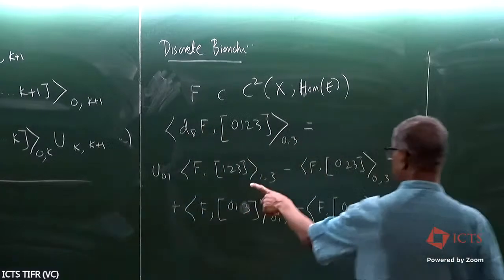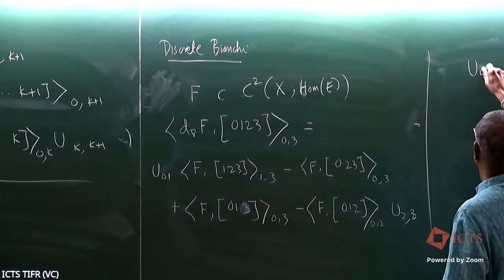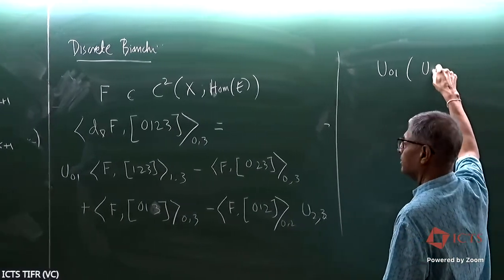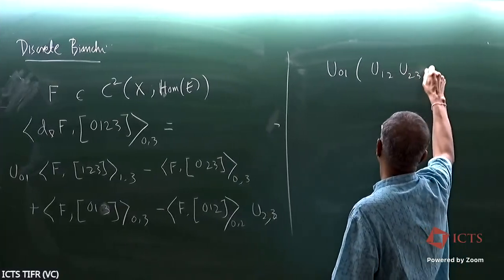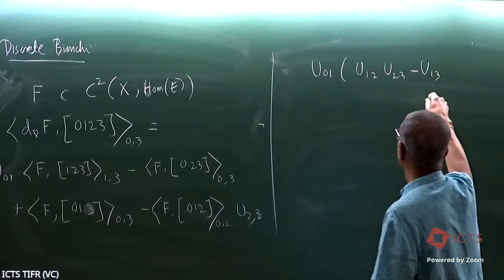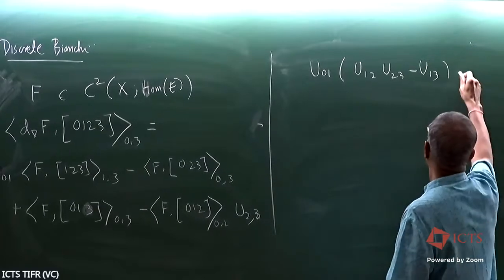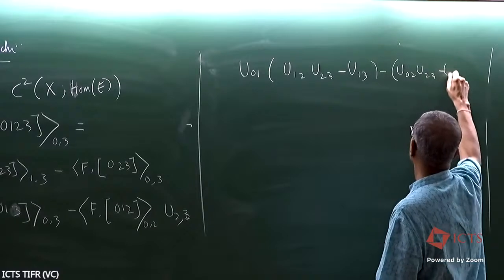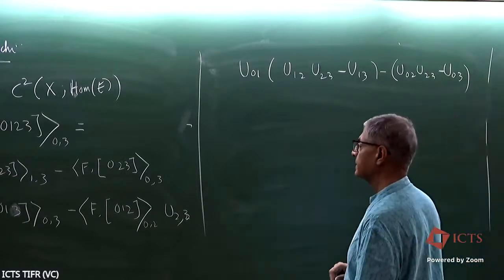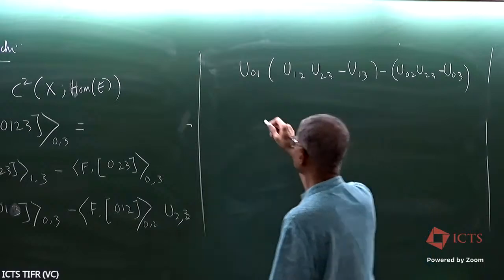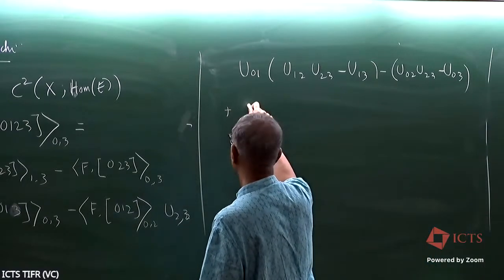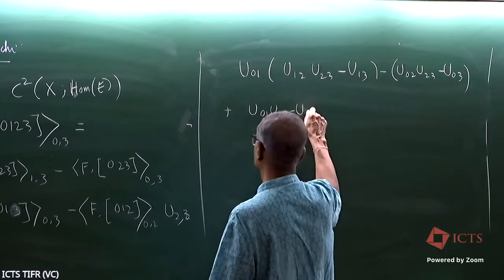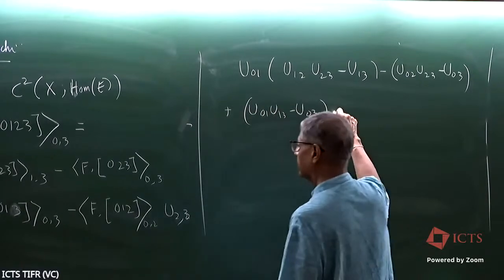So let's substitute those. So this is U01. So this will be U going the long way minus the short way, minus that, plus, minus.